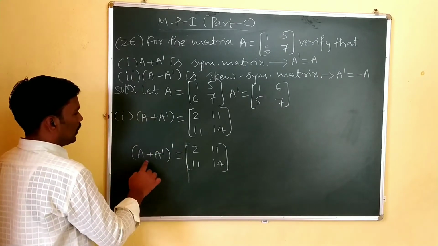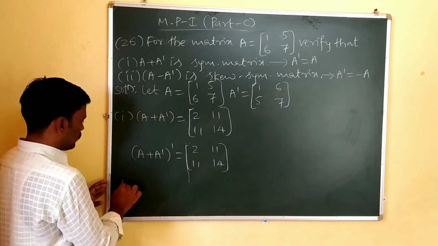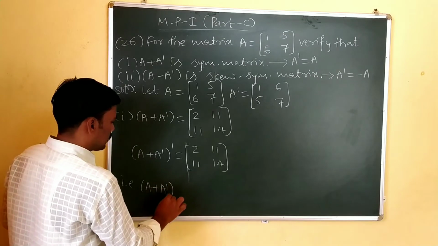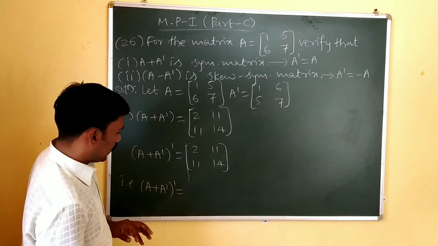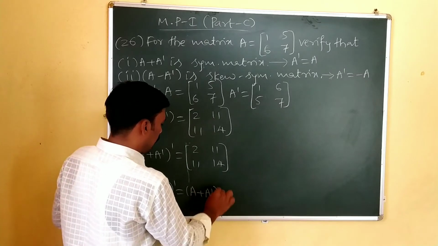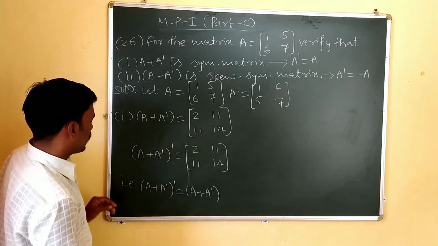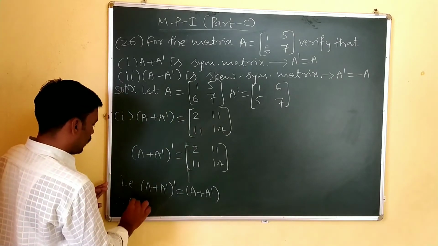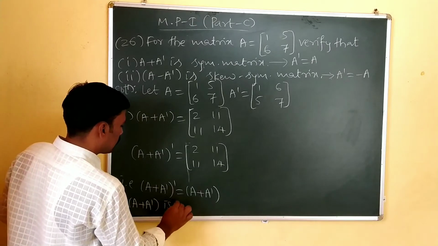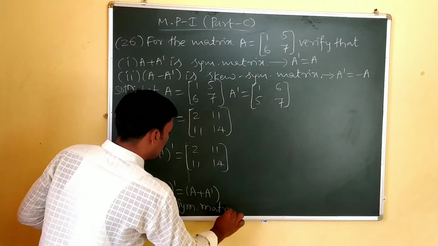That is, (A plus A dash) dash is the same as A plus A dash. Therefore, A plus A dash is a symmetric matrix.